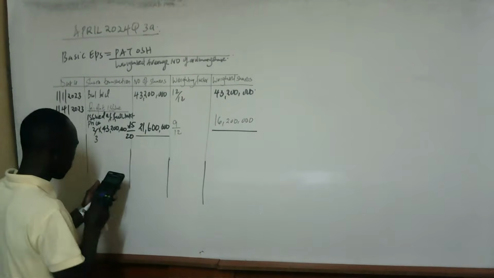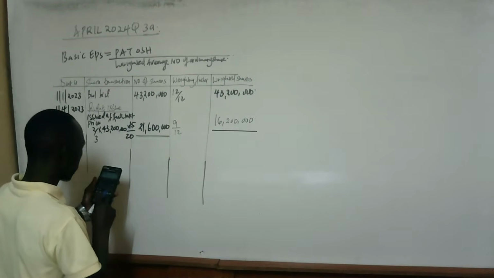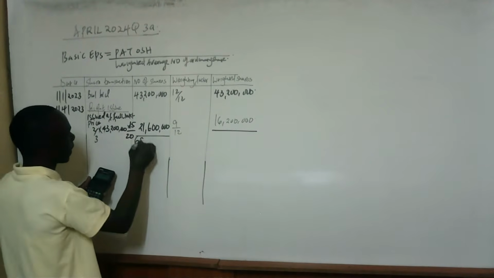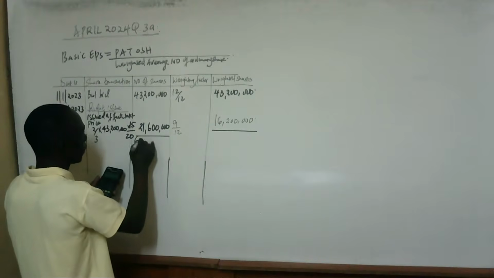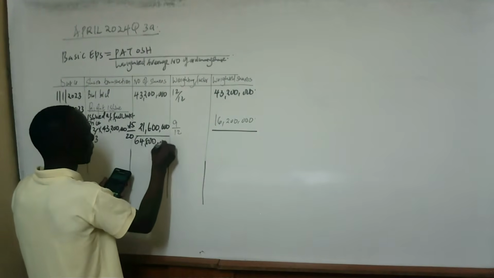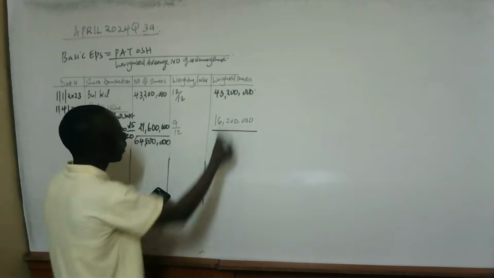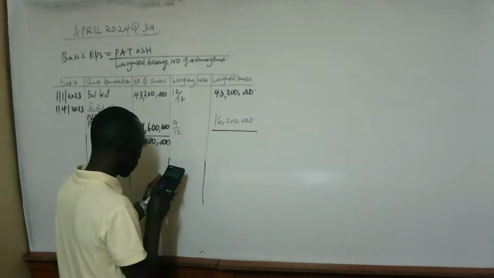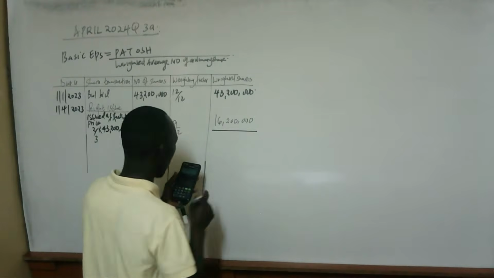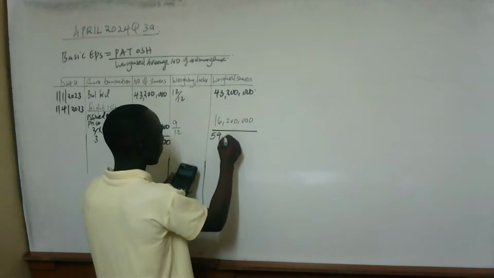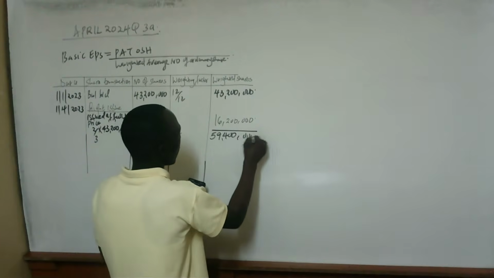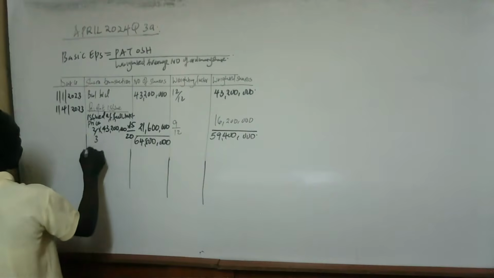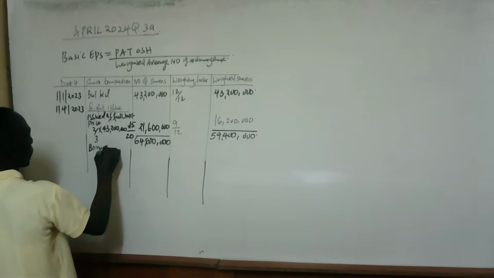So 43,200,000 plus 21,600,000, you are going to get 64,800,000. Then 43,200,000 plus 16,200,000, and in this case you get 59,400,000.